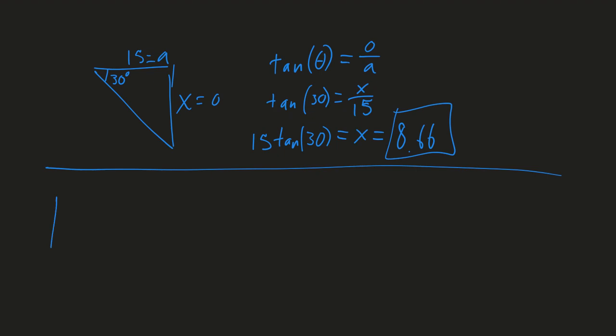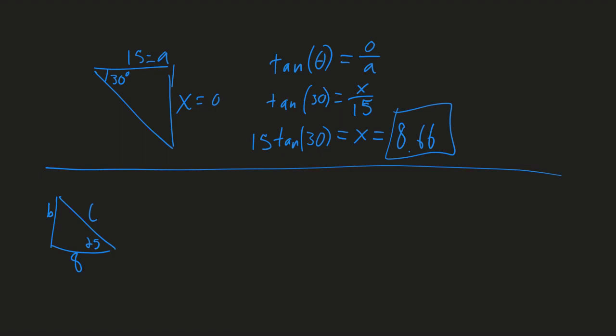So now we have a different triangle. Again, haven't drawn it all that well, but that's okay. I don't have to draw it super accurately. And we have two sides. We have side B and we have side C. So let's solve.